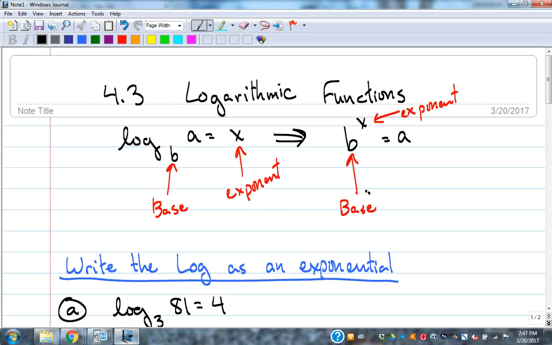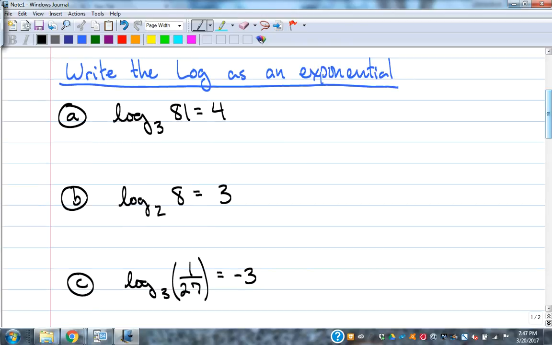So we're going to work on rewriting some stuff first, and then we'll use that in solving some equations. We're going to start out with logs and rewrite them as exponentials. The first one is log base 3 of 81 is equal to 4. If we're going to rewrite that as an exponential, remember, whatever the base on the log is, is the base of our exponential.